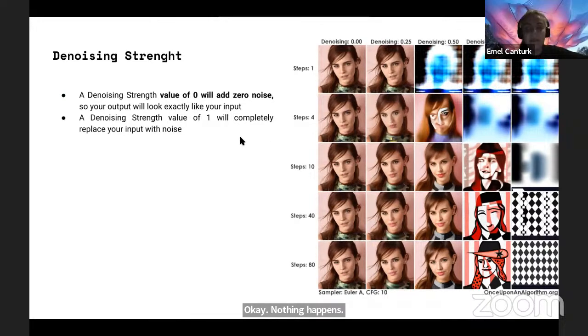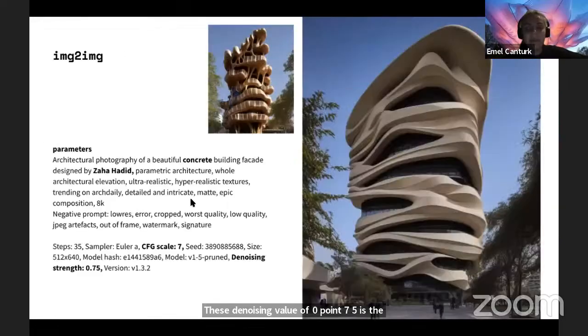So if you want something to resemble your reference image, but different from it, denoising strengths of, for example, between 50% and 75% is, I think, quite okay. This denoising value of 0.75 is the default value of Stable Diffusion.